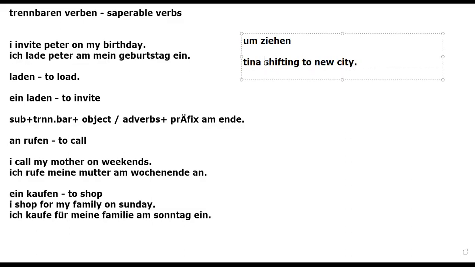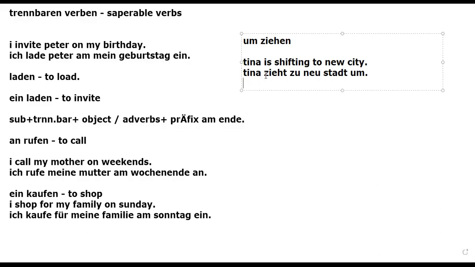Then Tina is the name. Okay. Also we can use in neue or zu neue. We can go with neue. Is it completed? Okay, we have to go with this.